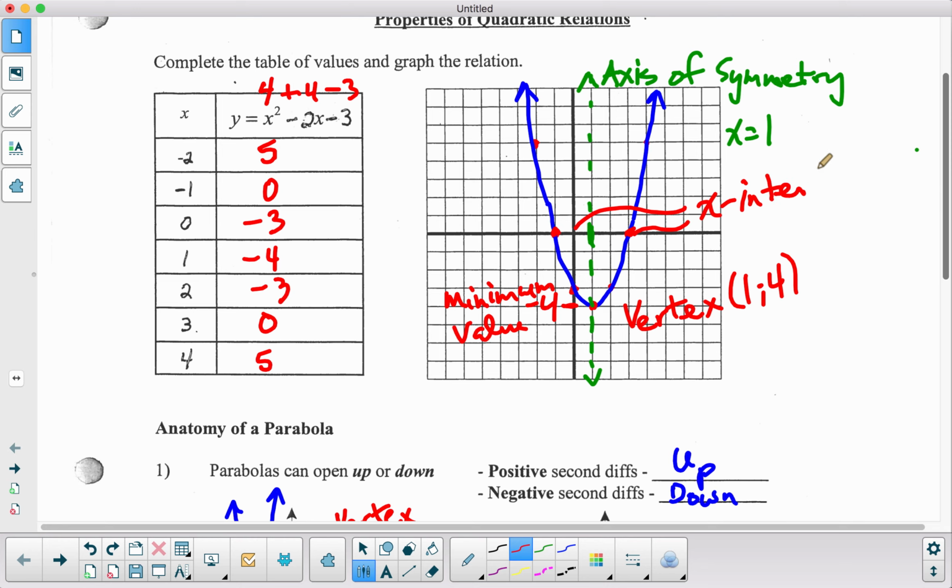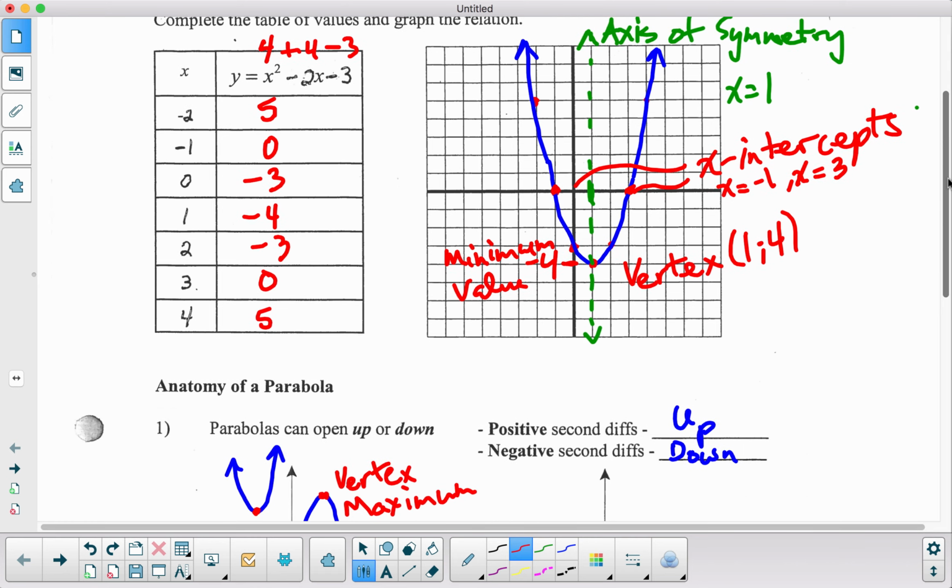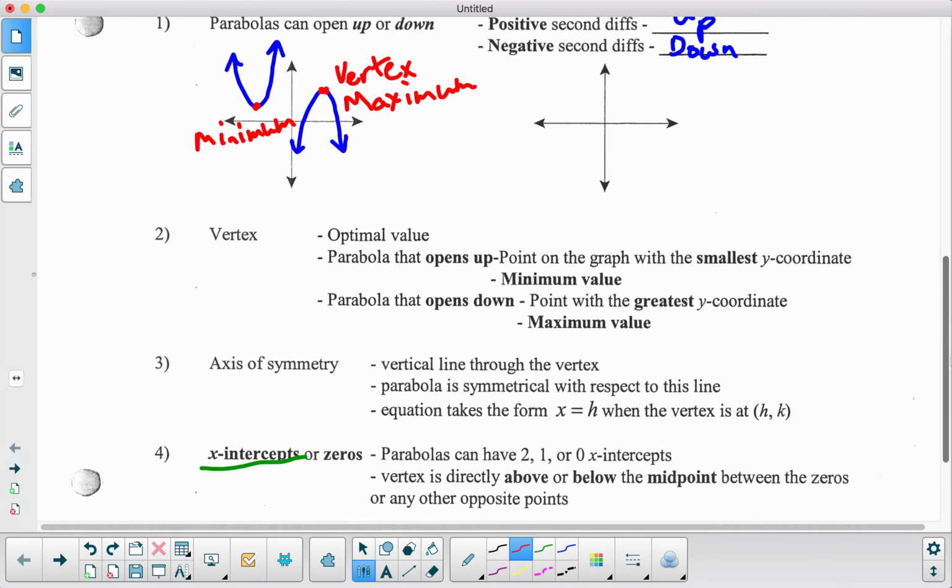And a lot of times a parabola will cross the x-axis twice, and we can identify where those points are. So this x-intercept is -1. So x equals -1 is one x-intercept, and the other one is 1, 2, 3, x equals 3. Those are the x-intercepts where they cross. And sometimes we'll have to identify those.